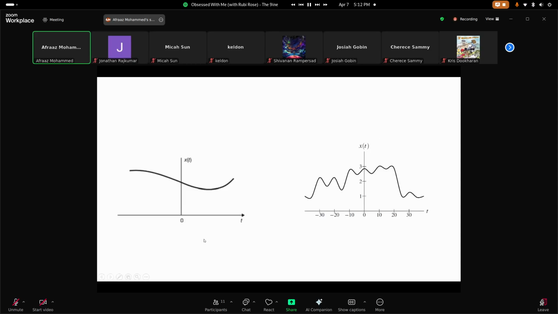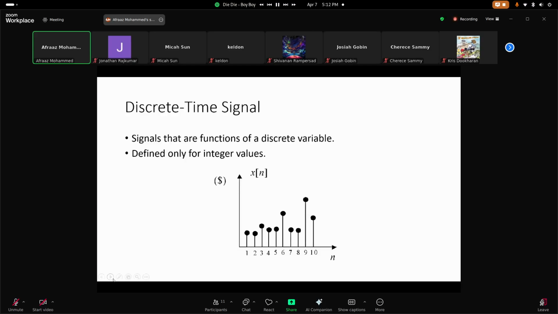They generally have a value for each of the different intervals. For the analysis of continuous time signals, we use Laplace, and you could also use Fourier to analyze continuous time signals. Right, so this is an example of how continuous time signals look.